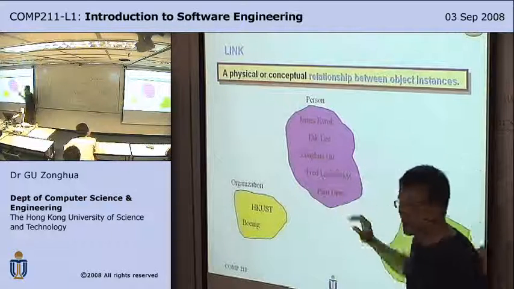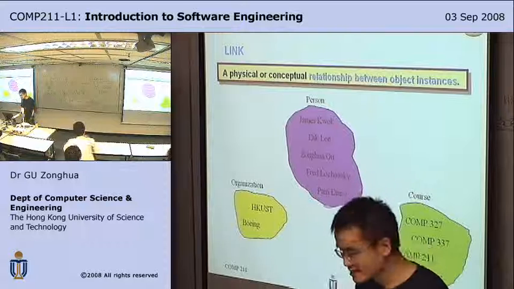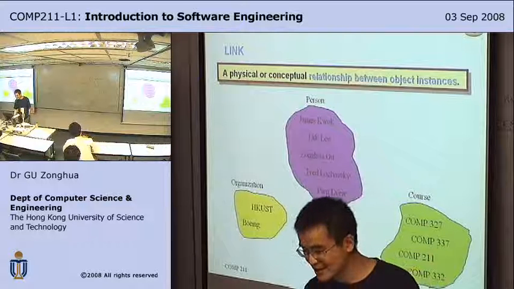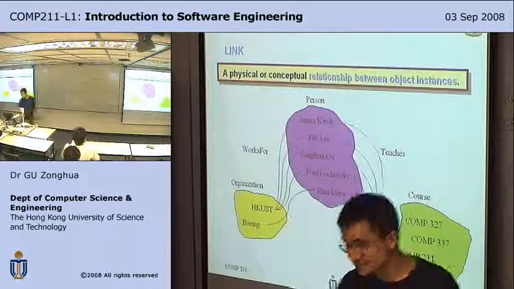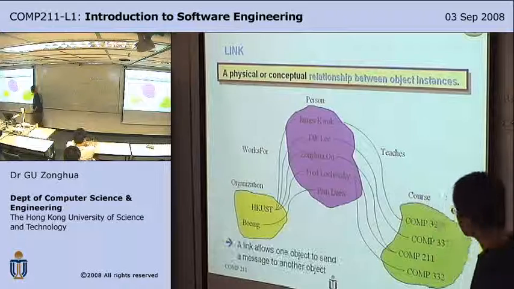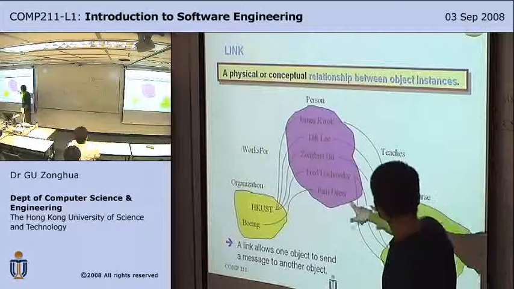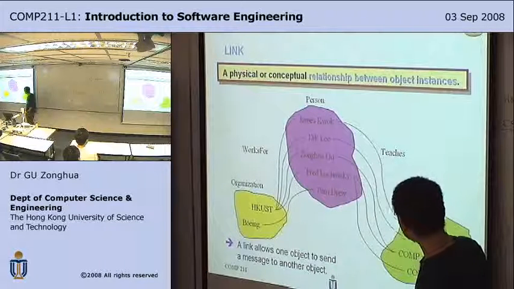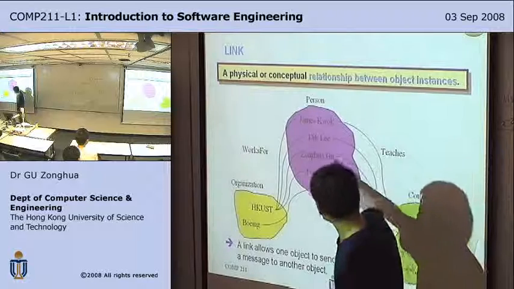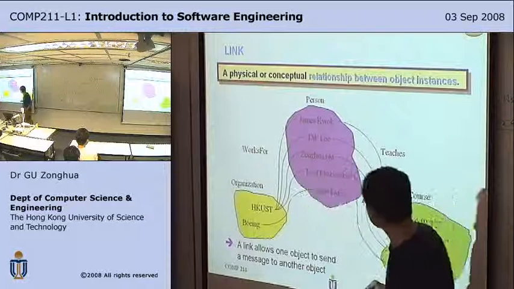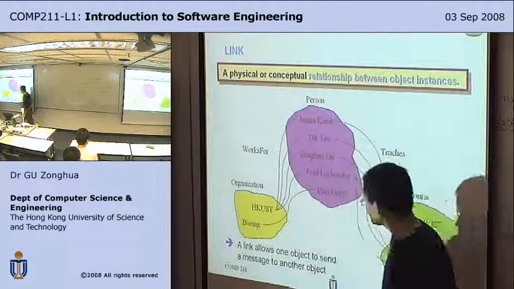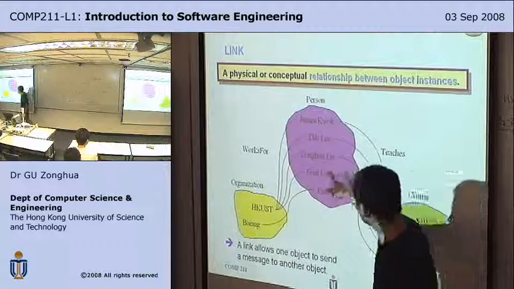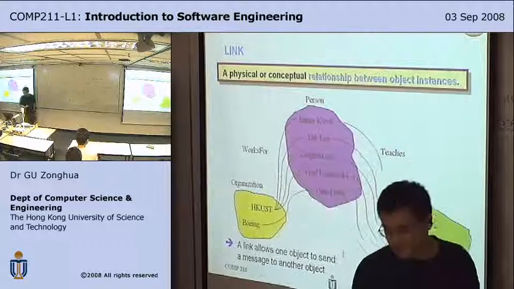They talk to each other, right? So links are used to indicate relationships between object instances. So Zonghua Gu teaches Comp 211, and Zonghua Gu works for HKUST. So these are links. Teaches and works for are the names of the links.